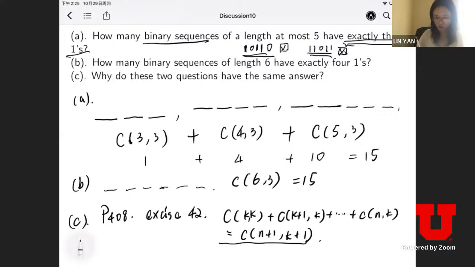And if we use it in this problem, we can let k equal 3 and n equal 5.